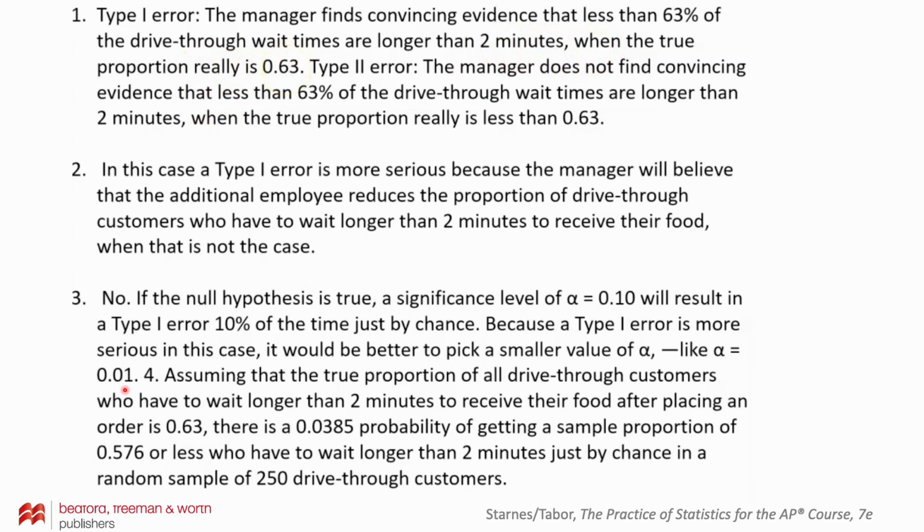Then question 4: assuming that the true proportion of all drive-through customers who have to wait longer than 2 minutes to receive their food after placing an order is 0.63, there is a 0.0385 probability of getting a sample proportion of 0.576 or less who have to wait longer than 2 minutes just by chance in a random sample of 250 drive-through customers. So that's interpreting our p-value there.